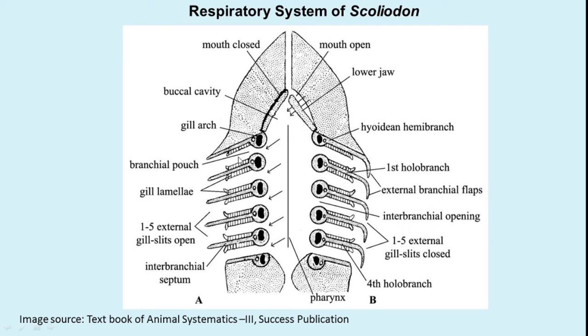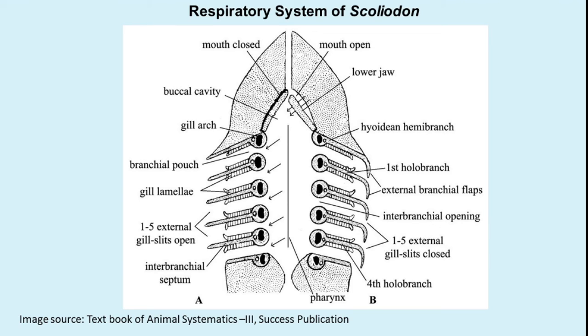In these areas the water is going to rush in, and it is in close association with the gill lamellae. Now water goes out through the external branchial aperture.